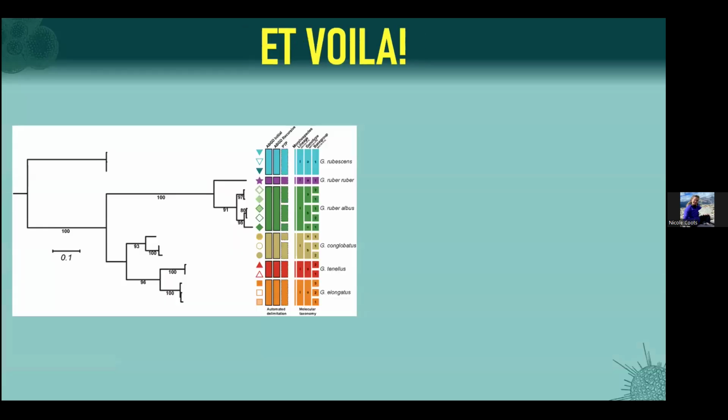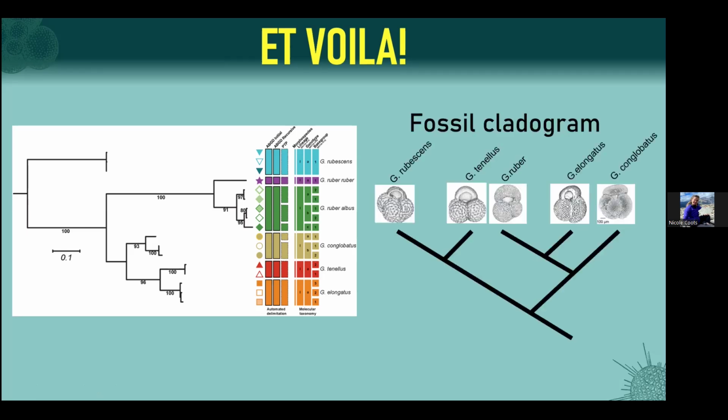You have your tree. So here, this is a tree that has been edited. I put some colors that are linked to questions that are addressed in the paper regarding the genetic diversity and boundaries of morphospecies. And if we go back to our fossil cladograms and compare to the phylogeny, we see that Rubescens and Tenellus are not sister clades.